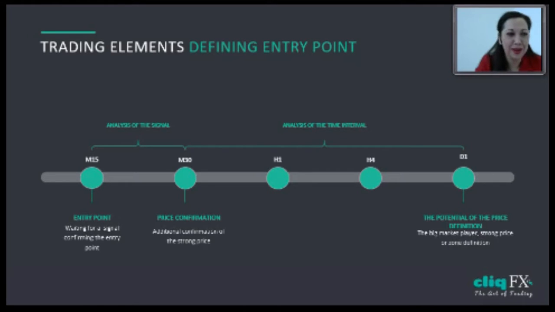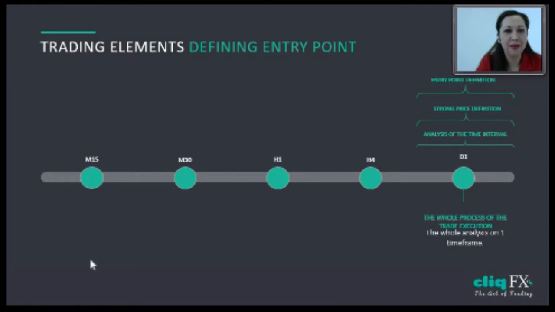What comes to variant number 3? Okay, so you start from the daily time frame or bigger. Variant number 3 is characterized by the fact that it's used not only for analyzing the market and defining the big market player and strong market price, but also for opening your position.